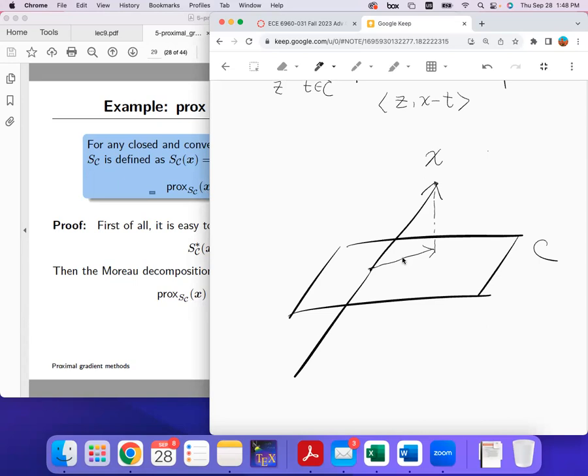Basically you are looking for the vector in C that aligns with this projection.